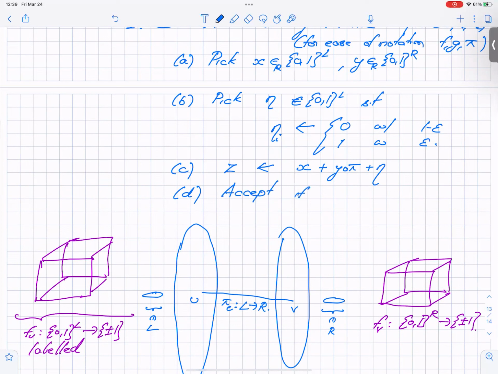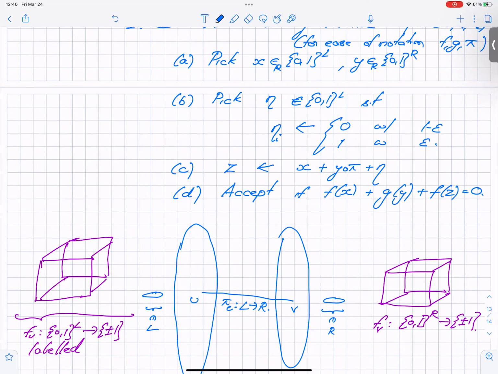So if f of x plus g of y plus f of z. G is pi composition. No, G is shorthand for f of v.